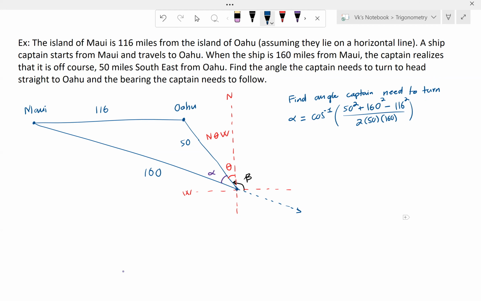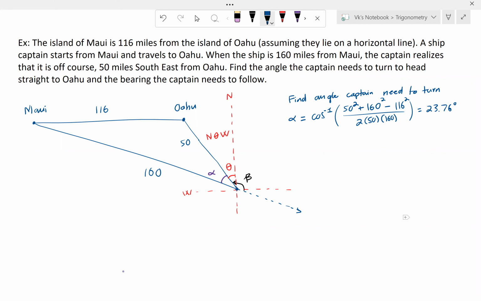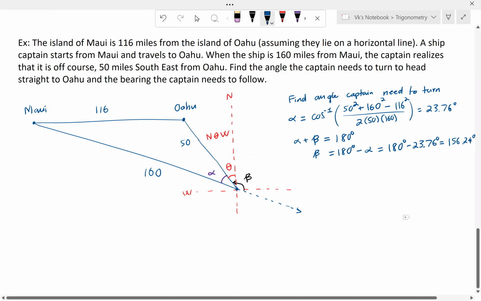And this gives us 23.76 degrees. We know alpha plus beta is a straight line, so it's 180 degrees, meaning that the angle beta is 180 degrees minus alpha, which is 180 degrees minus 23.76 degrees. That gives us 156.24 degrees. Yay! This is the angle the captain needs to turn.